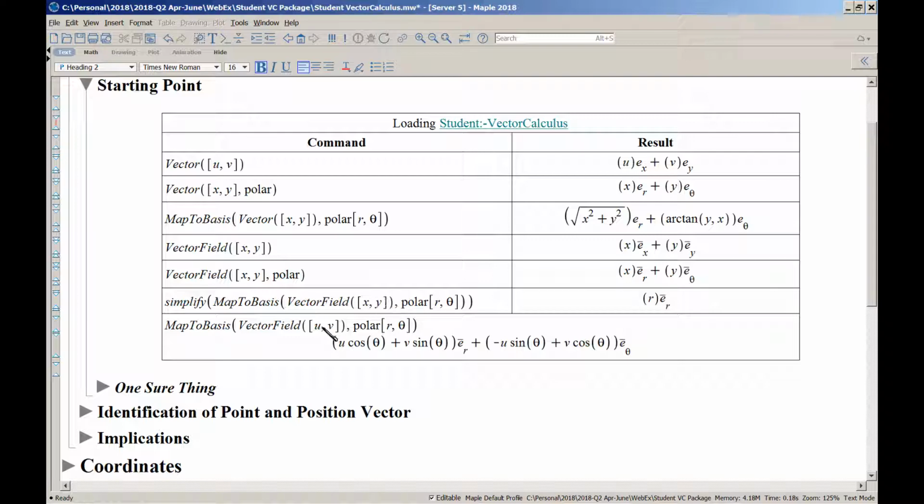So let's use u and v, where Maple doesn't know anything about those letters. Do the same thing. Vector field. Maple will treat that as Cartesian. Send it over to polar coordinates.